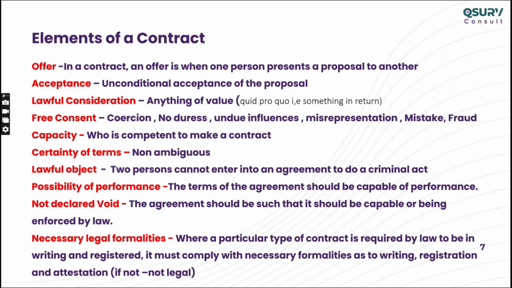Thank you. So now something called free consent. Next you have to ensure that both parties sign the contract with a free mind. Both parties are happy to sign the contract. Nobody pushes them, nobody threatens them, nobody induces them, nobody deceives them.